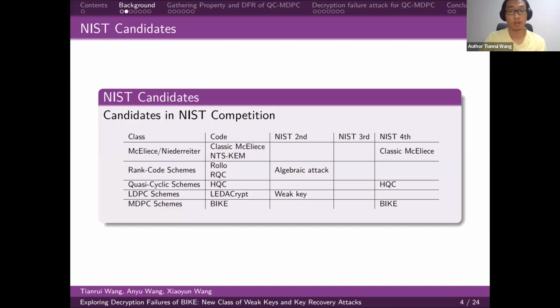As for LEDAcrypt, a set of weak keys was identified in 2020 where a modified ISD algorithm results in an improved key recovery attack. By the way, a similar modified ISD for BIKE is proposed in our paper. Finally, BIKE based on MDPC remains a competitive candidate for its small key size and fast speed.